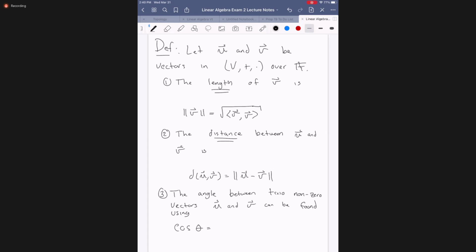Originally it was the dot product, but now it's going to be the inner product of U with V divided by the norm of U times the norm of V. The norm again is how it's defined up there. So if you find this and then take the cosine inverse on both sides, you get the angle.